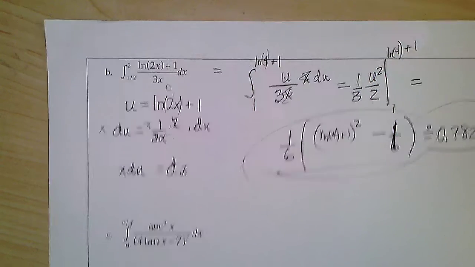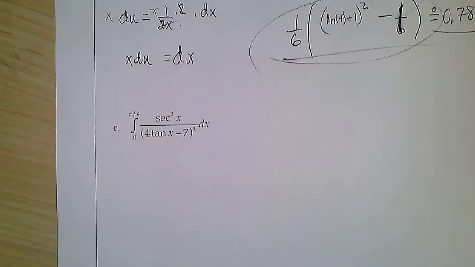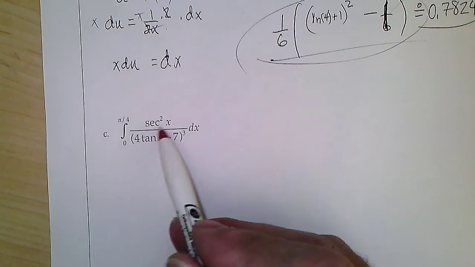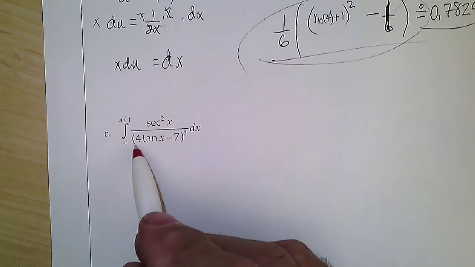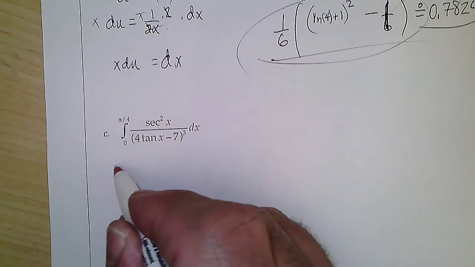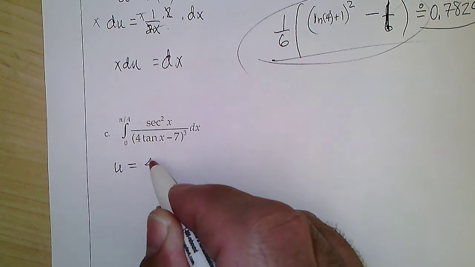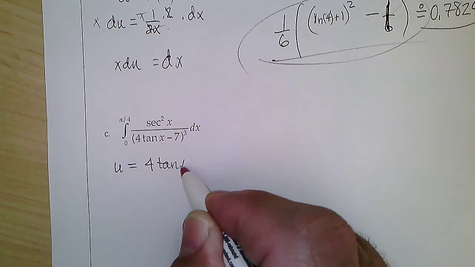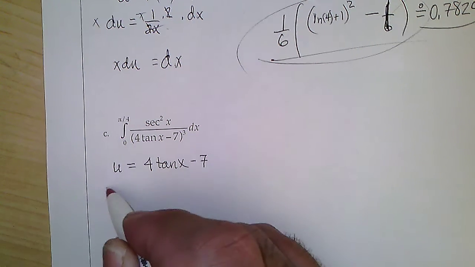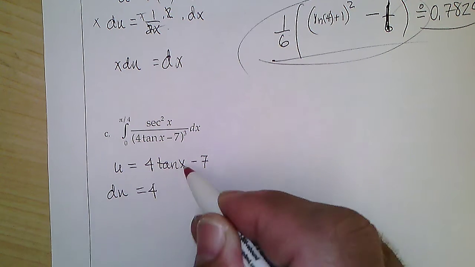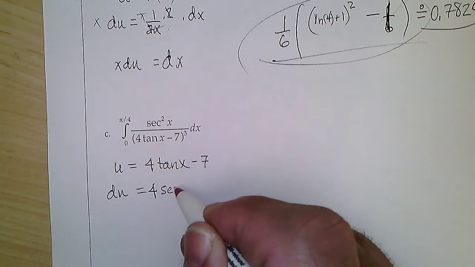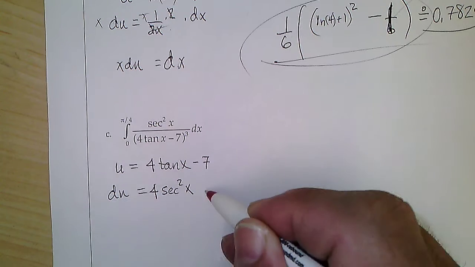Okay. Next one. The derivative of secant squared is not tangent, so we shouldn't let u be that. Probably should let it be all of this. So du would equal 4. Derivative of tangent is secant squared x.